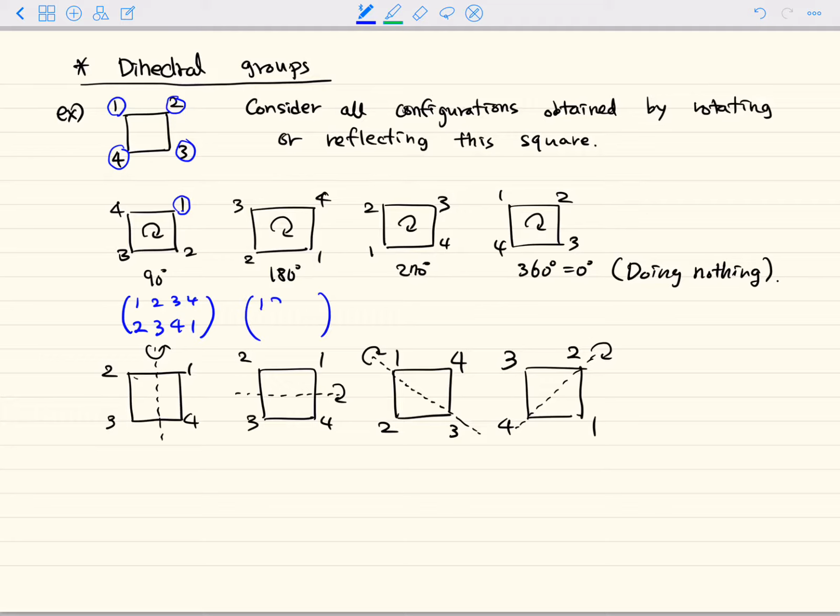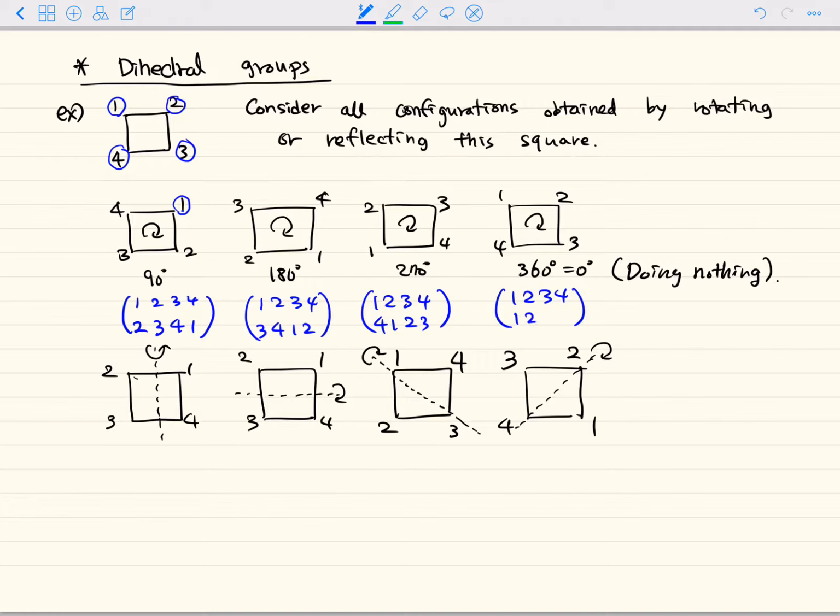And here 1 is in the position of 3, so it's 3, and 2 is in the position of 4, so it's like this. And for this, 1 is in the position of 4, 2 is in the position of 1, and 3 and 4 like this.